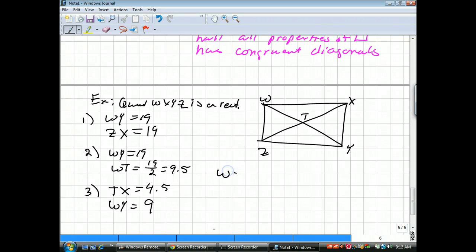If WY is equal to 3A plus 16 and ZX is equal to 5A minus 18, what is A? Okay, so WY and ZX are the diagonals, and we know that those are congruent.